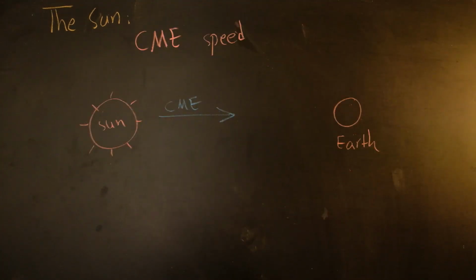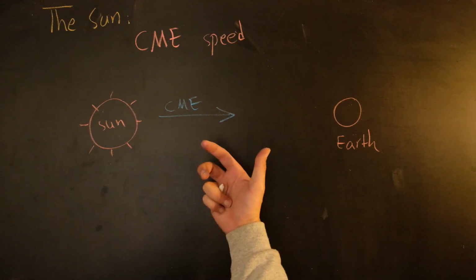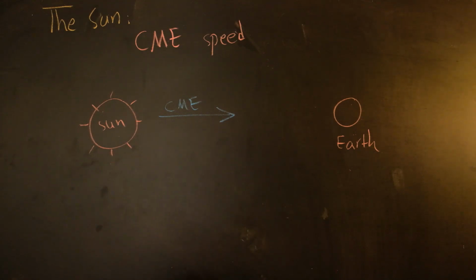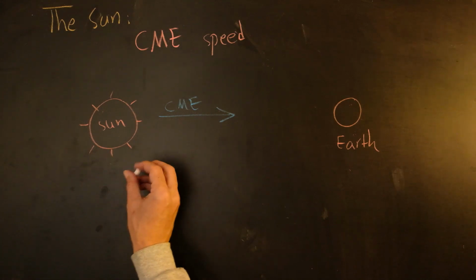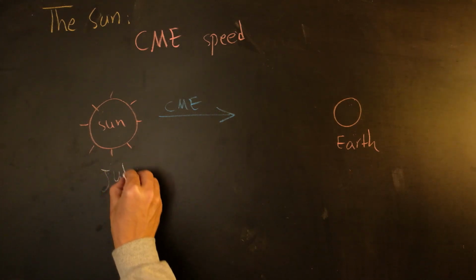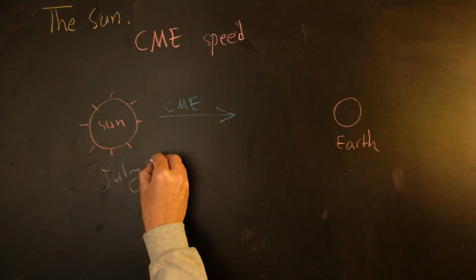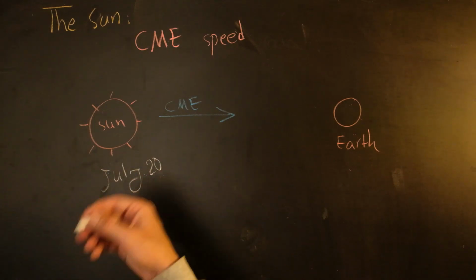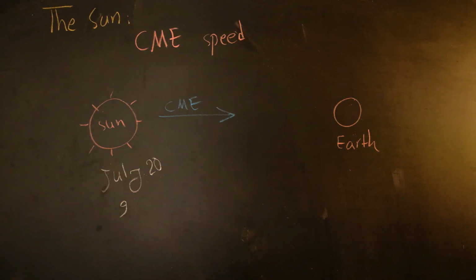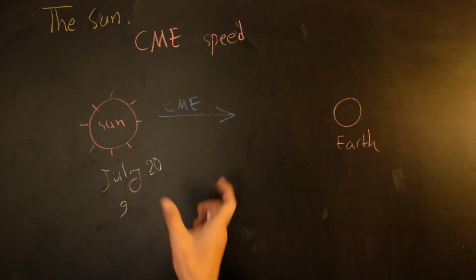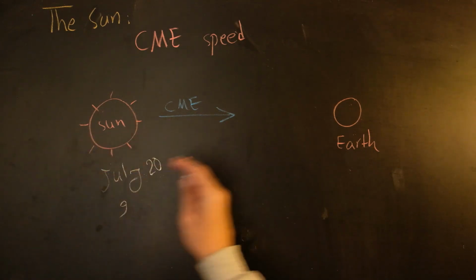There is another question about CME speed. The main idea for this question is we observe a CME event close to the sun at a specific date and time. Let's say this is July 20th, specific time. Let's say this is 9. And there is a distance, so it will take time for this CME to travel from the sun to Earth.